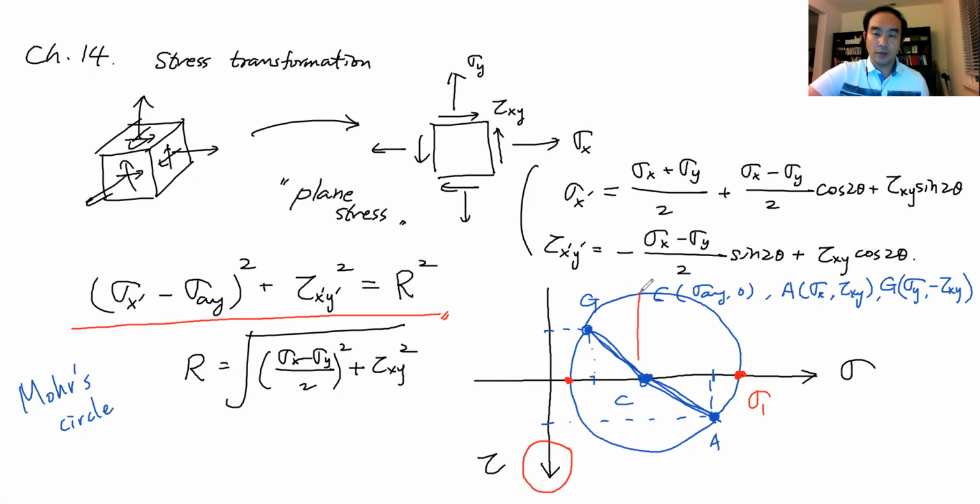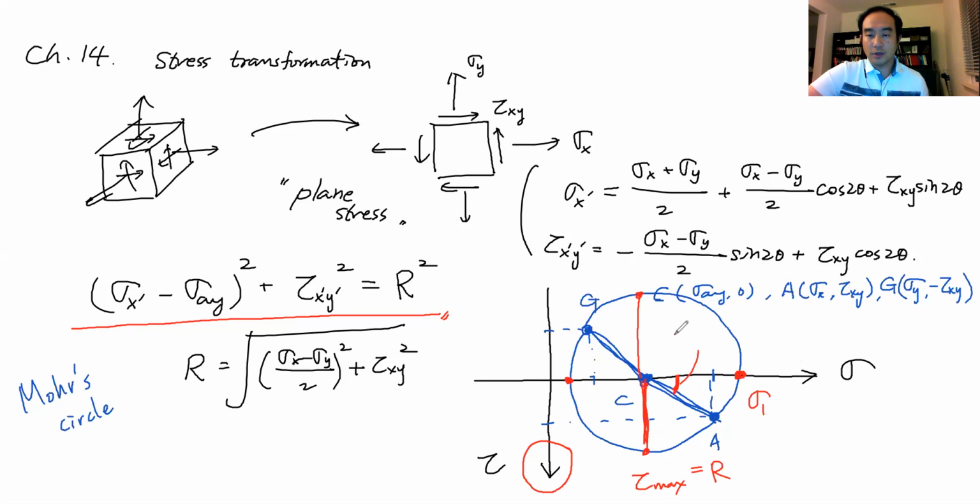We can also identify the maximum value of tau, tau max. And tau max is always equal to R, because it is the radius of the circle. And this angle takes the current state of stress to the principal stress, which is the maximum and minimum.